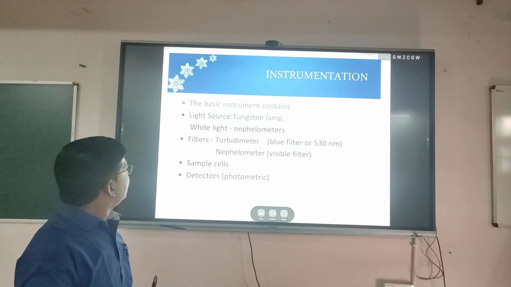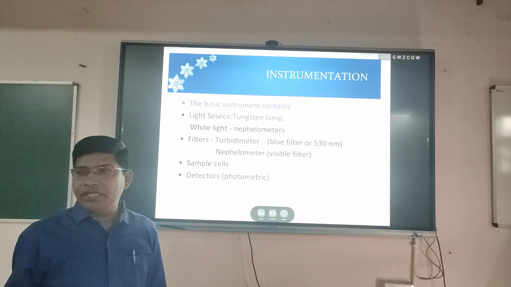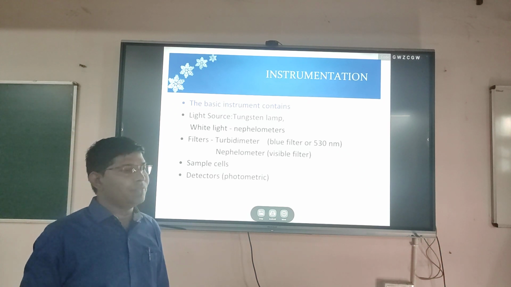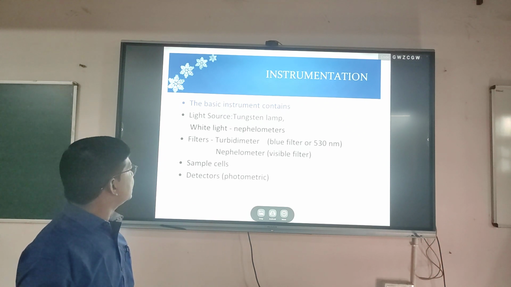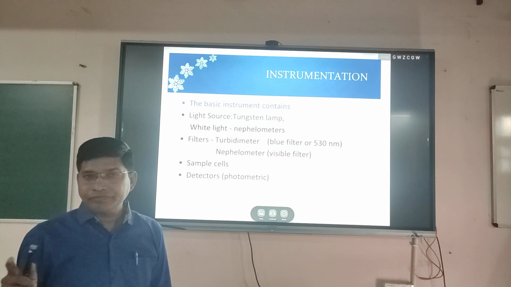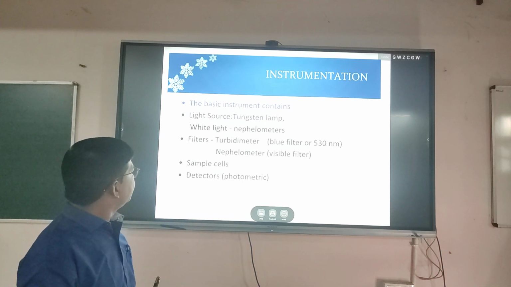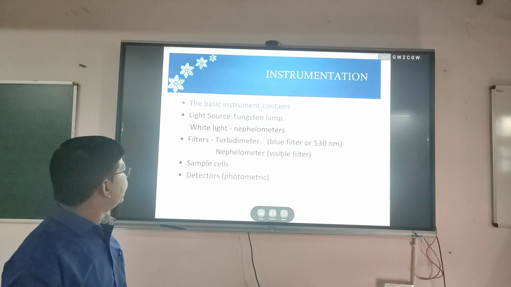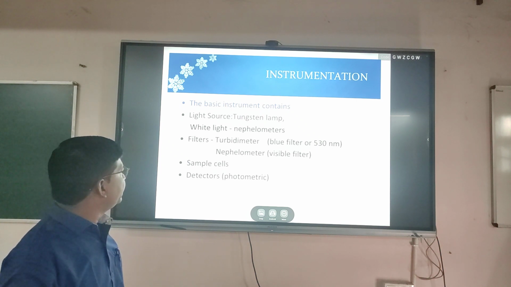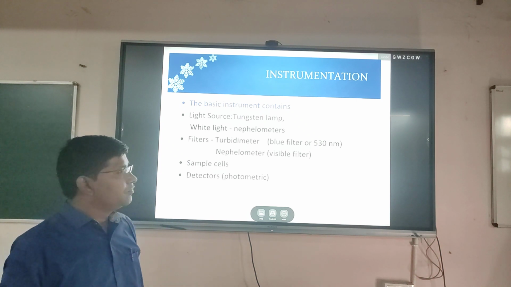In both techniques the radiation source is very important. Here we will use a tungsten lamp as the light source in turbidimetry. In a nephelometer we will use white light, and for turbidimetry we will use a blue filter.